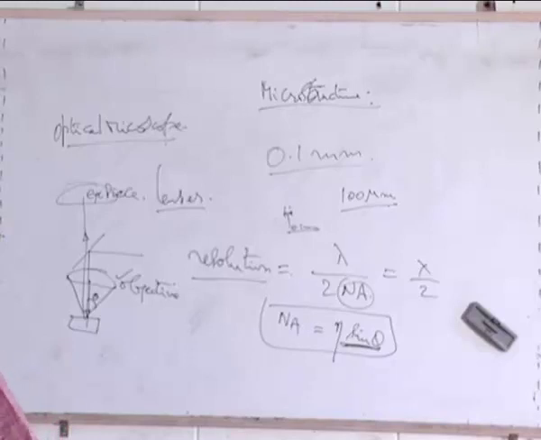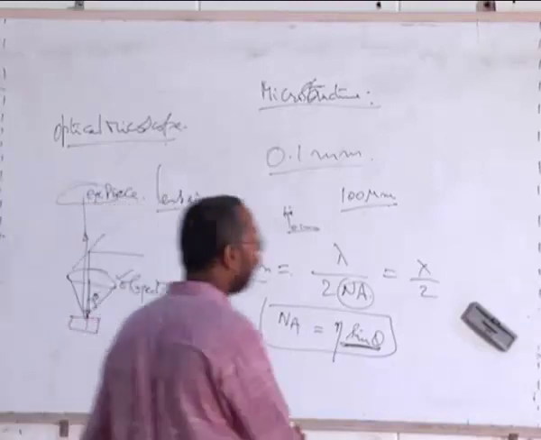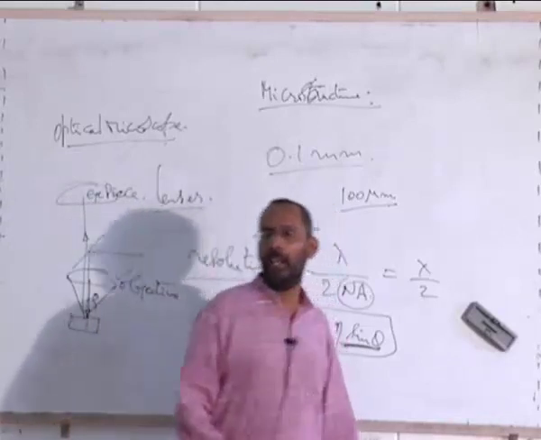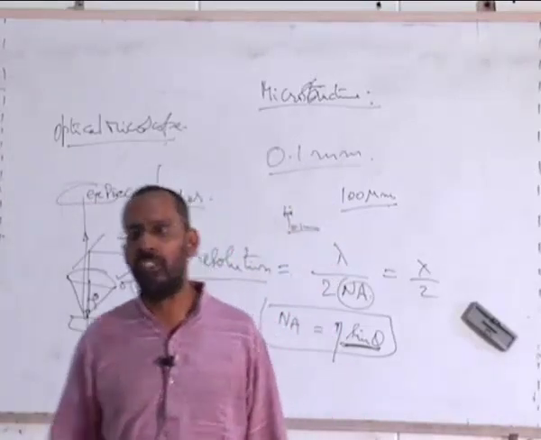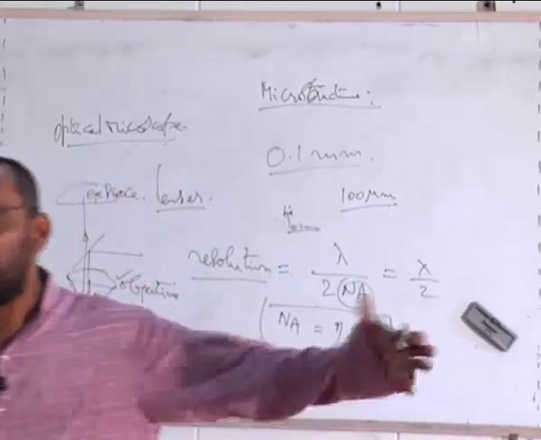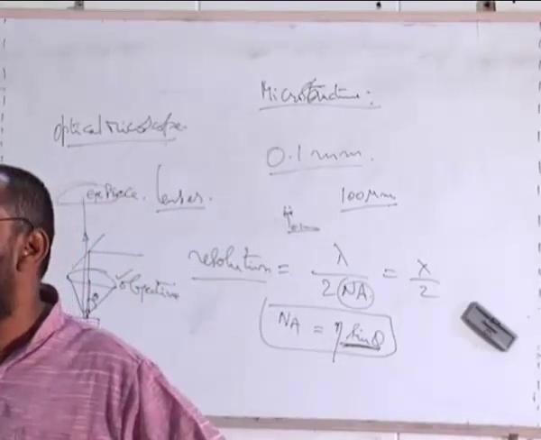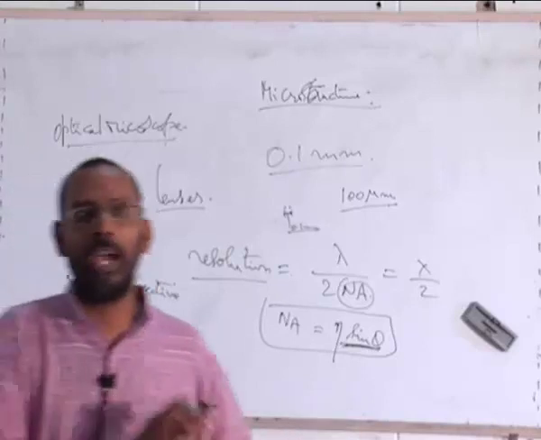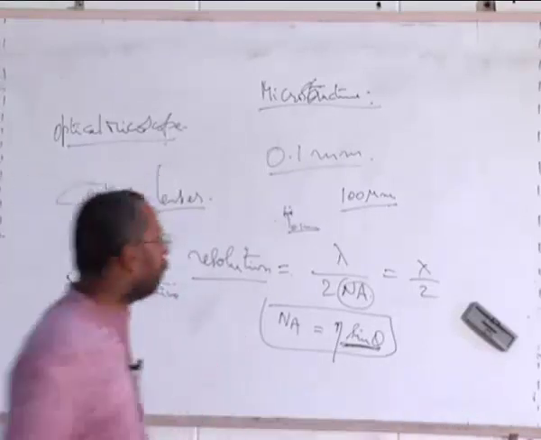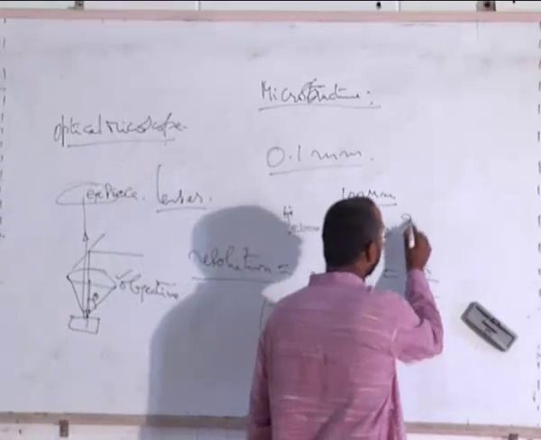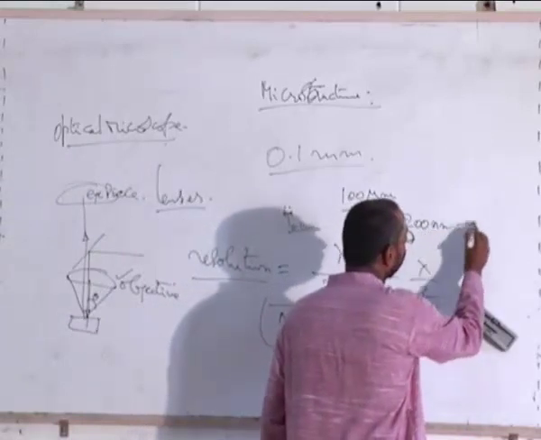So lambda by 2 is the resolution of my optical microscope, and that's where you will see the limitation again, because the normal light that we see is composed of various wavelengths. It's not just one single wavelength. It goes from violet to red, and the wavelengths change from approximately 200 nanometers to about 700 nanometers.